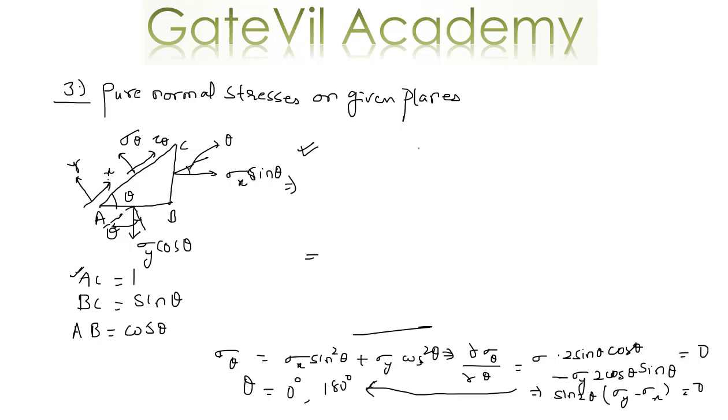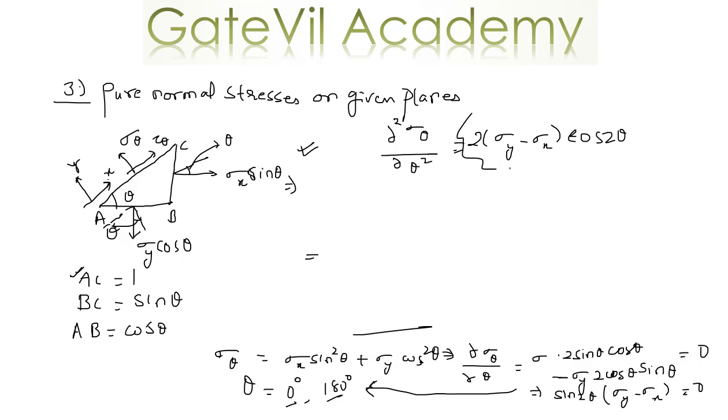Now to check whether you'll get maxima or minima, you have to differentiate sigma theta twice with respect to theta. You have del sigma theta by del theta equal to minus sine 2 theta into sigma y minus sigma x. So sigma y minus sigma x will remain as it is, and sine 2 theta will give you cos 2 theta multiplied by 2.